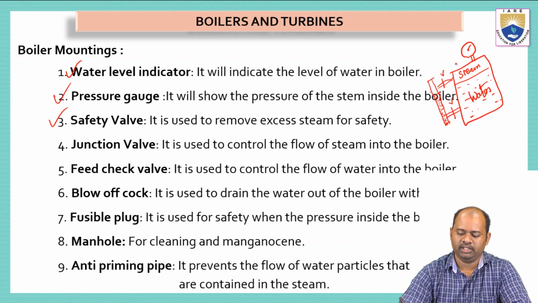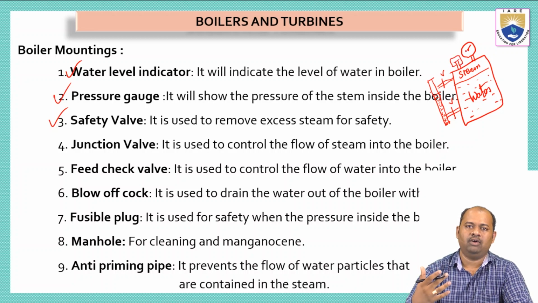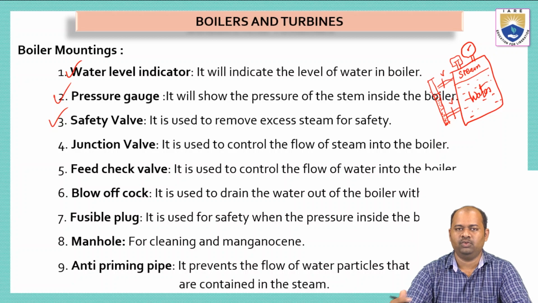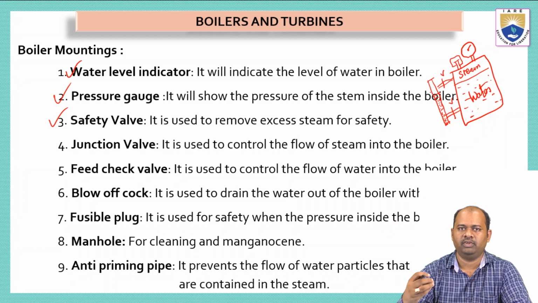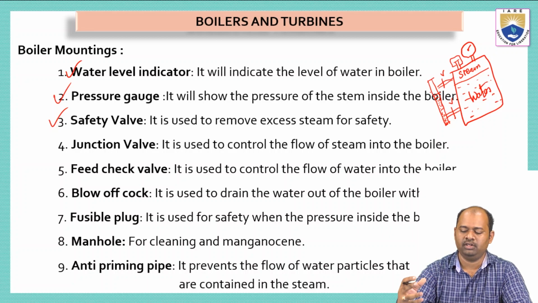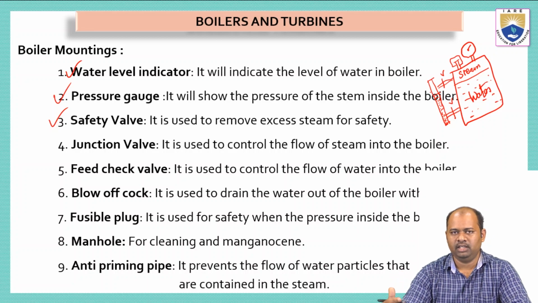The function of a safety valve is very similar to that of a device connected to household pressure cookers, which we use in our homes to cook food. In this, we have a safety valve, that means the whistle which will blow when the pressure is high enough so that it will remove some amount of steam from the pressure cooker. Similarly, the same thing is applied in case of boilers.